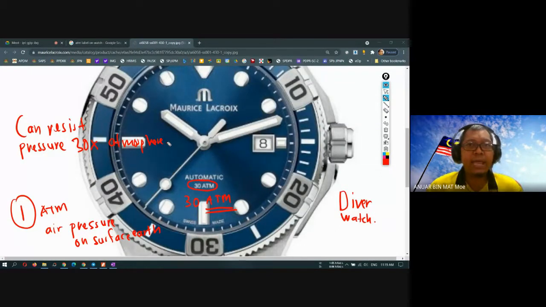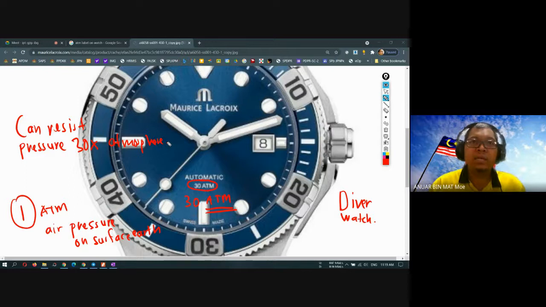Right now we are at 1 atm. We can breathe easily. But inside the water, 30 atm is very high pressure. So this watch can withstand high pressure, about 30 atm. ATM is atmospheric pressure.